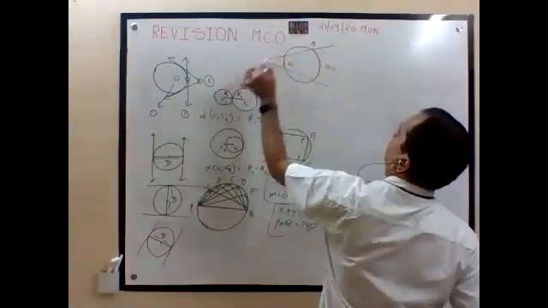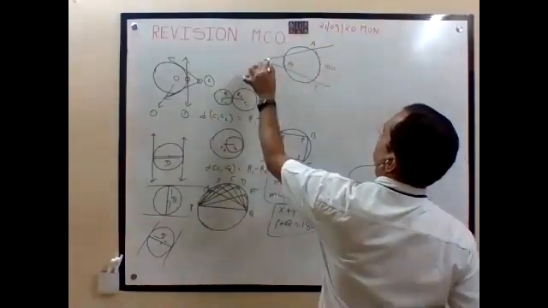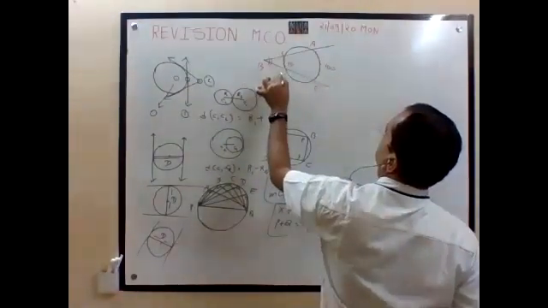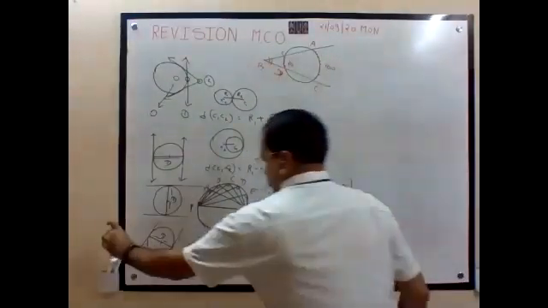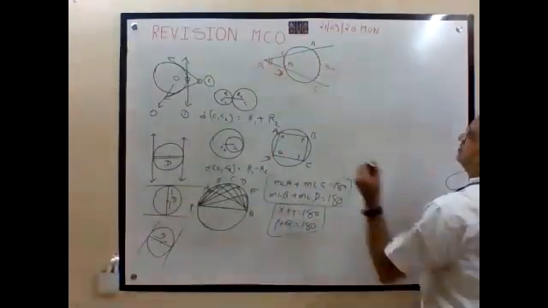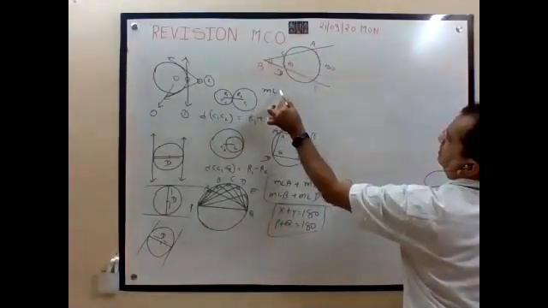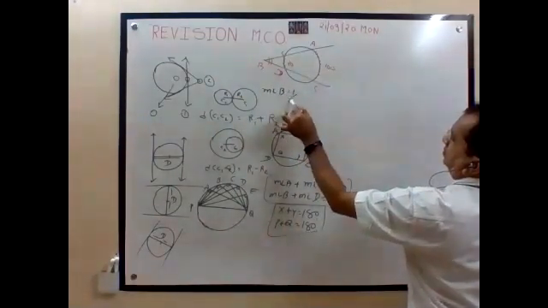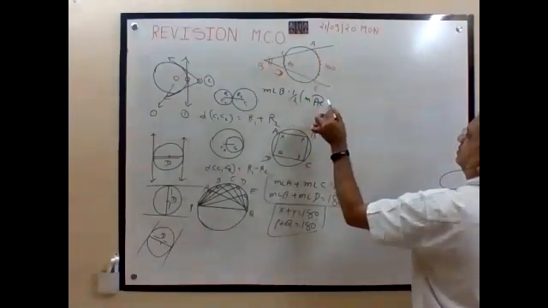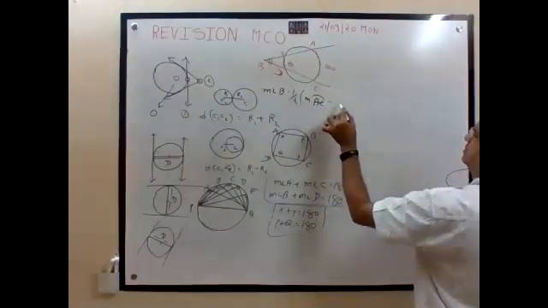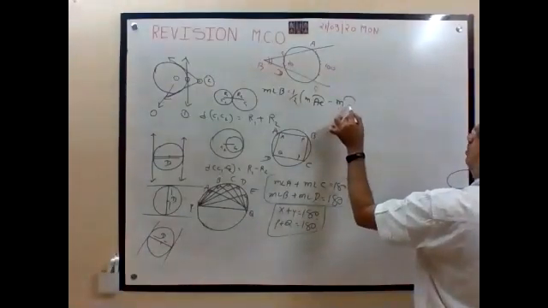And we want angle ABC, this angle. So the formula is: measure of angle B is equal to half of the major arc, the big one, minus the minor arc, the small one.